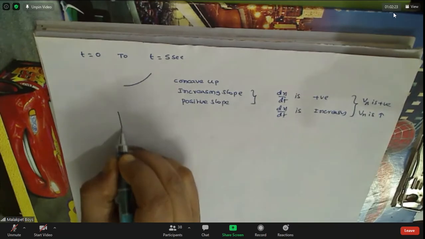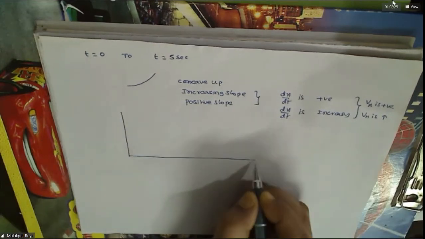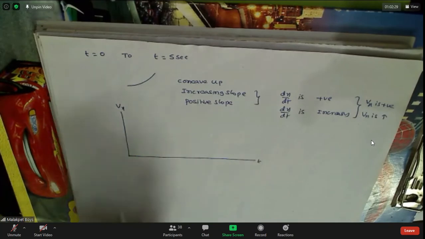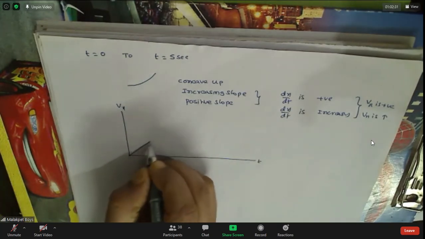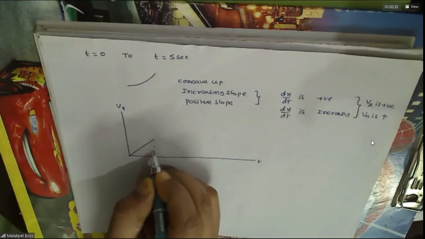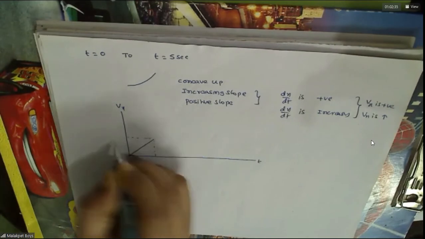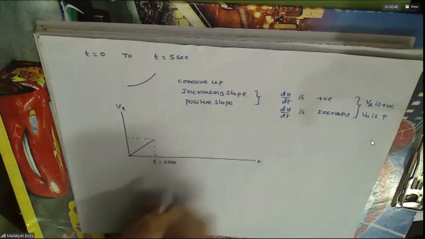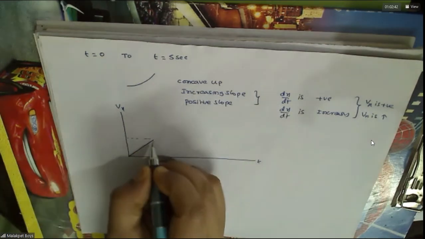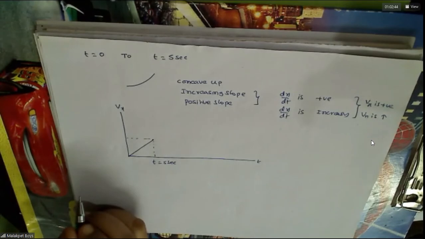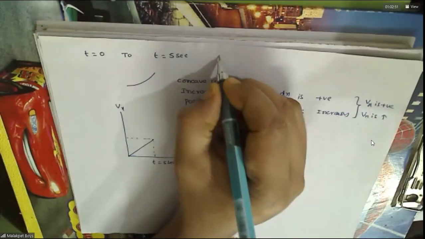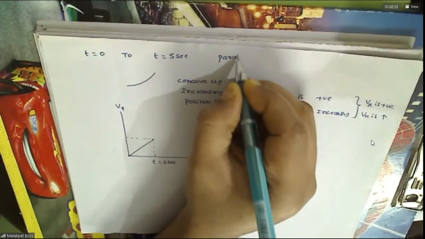So when you draw the graph between time and Vx up to 5 seconds, what will happen? It will increase. Do you agree with this or not? Right.